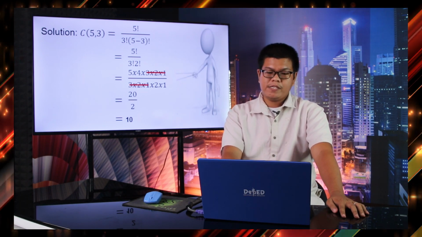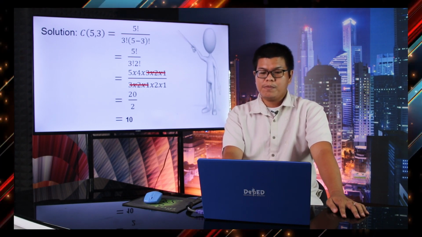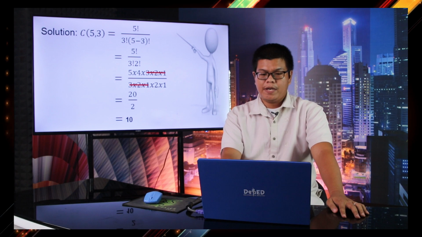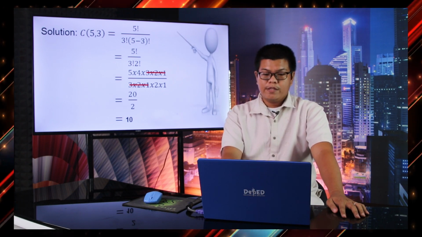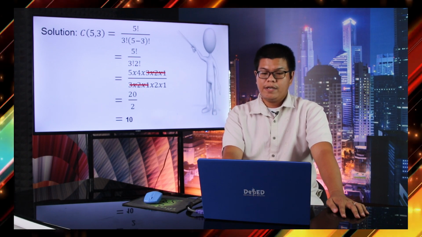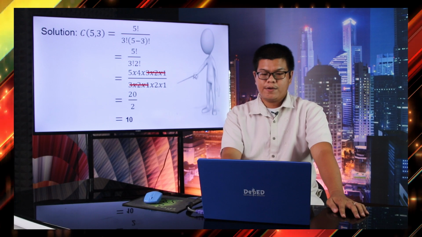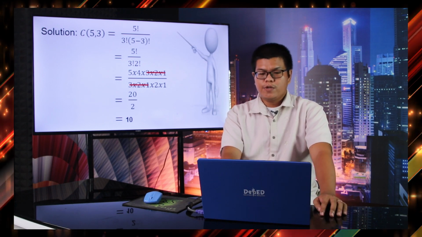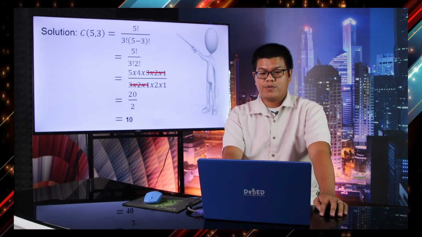So the remaining is 5 times 4 at the numerator and 2 times 1 at the denominator. So 5 times 4 equals 20, divided by 2 times 1, which is 2, is equal to 10. Very good. Therefore, the combination of 5 taken 3 is equal to 10.